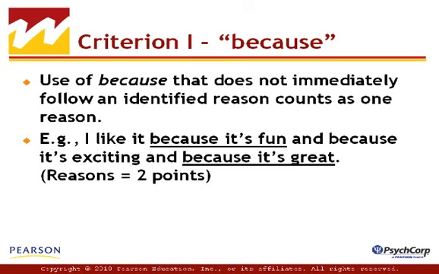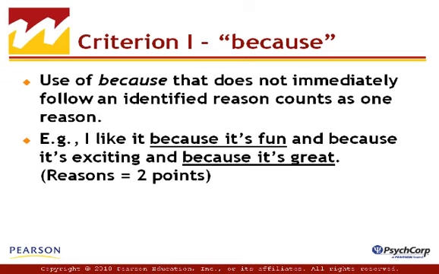If I use the word because in that same sentence, you won't count that as a reason. So in this case, for example, I like it because it's fun, that's a reason. And because it's exciting. This immediately follows this identified reason, so this is not scored as a reason. This one is scored as a reason.